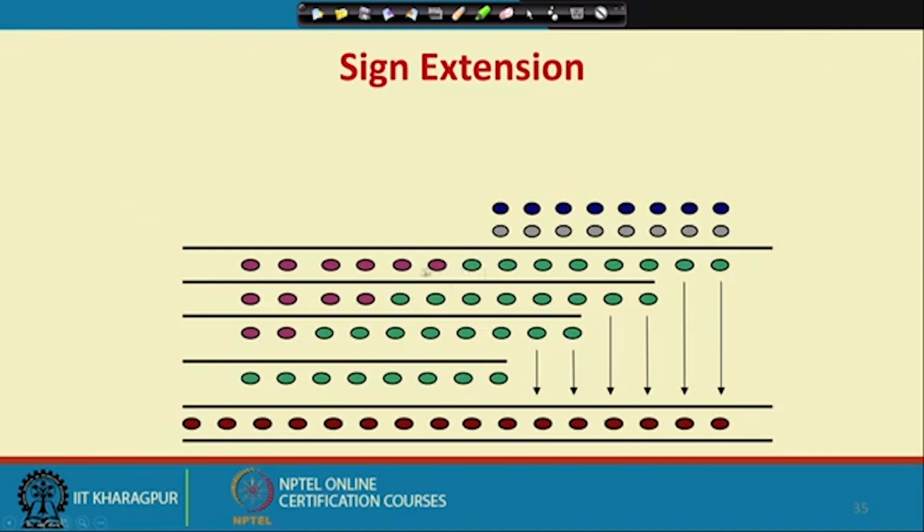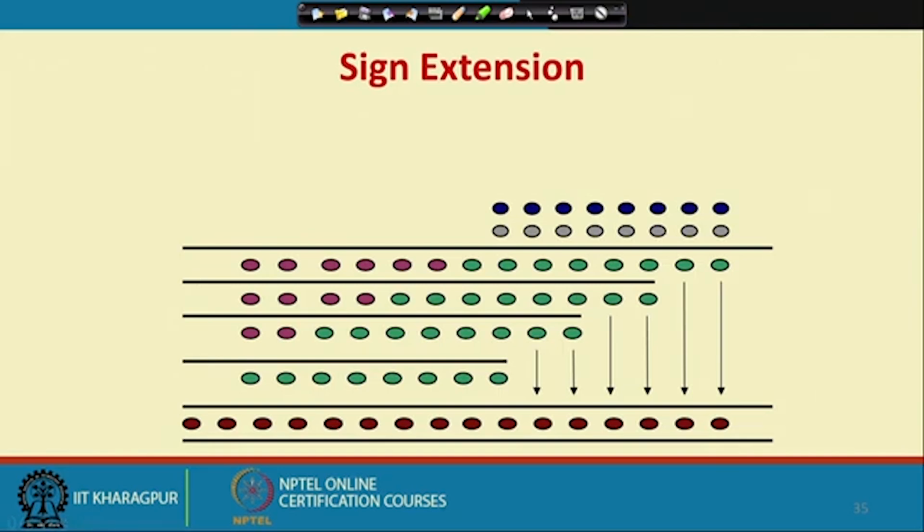Okay. So, this particular position, if I fill all this with 0, at that time for the sign value, the corresponding results which I will get will be totally erroneous. So, that is why I need the sign extension of that. Why do I need this sign extension?